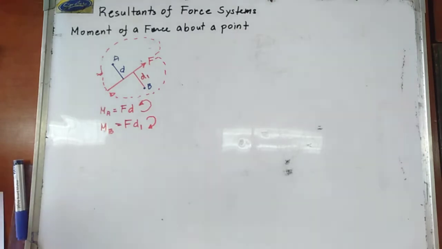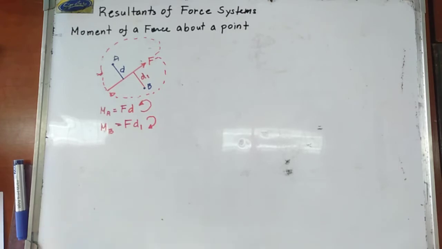Now, if you're getting moment of a force, you can assume clockwise moment as positive or counterclockwise moment as positive, unless otherwise it is specified in the problem that use clockwise moment as positive or use counterclockwise moment as positive.